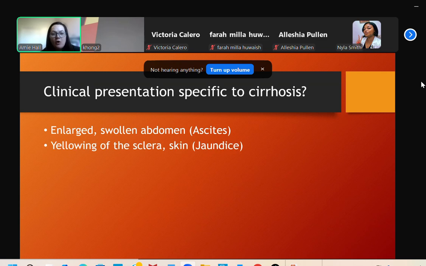They will have yellowing of the sclera, the white of their eyes, or yellowing of the skin underneath their fingernails, and that is jaundice. Jaundice comes from the buildup of bilirubin in the body, causing our skin and our white areas to become yellow. And then because of portal hypertension, we start getting fluid leaking into the abdominal cavity and we get ascites.